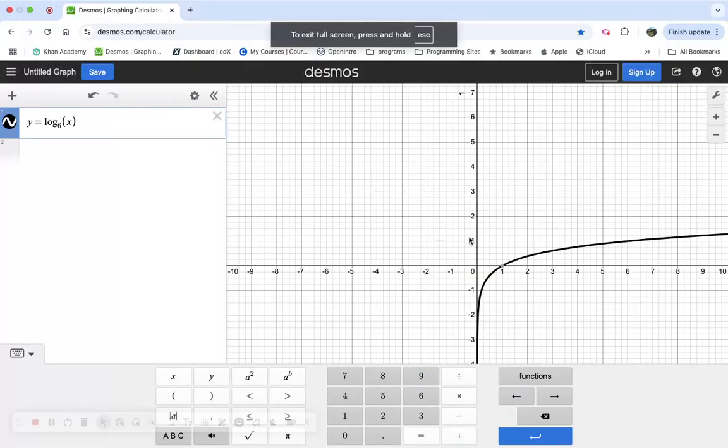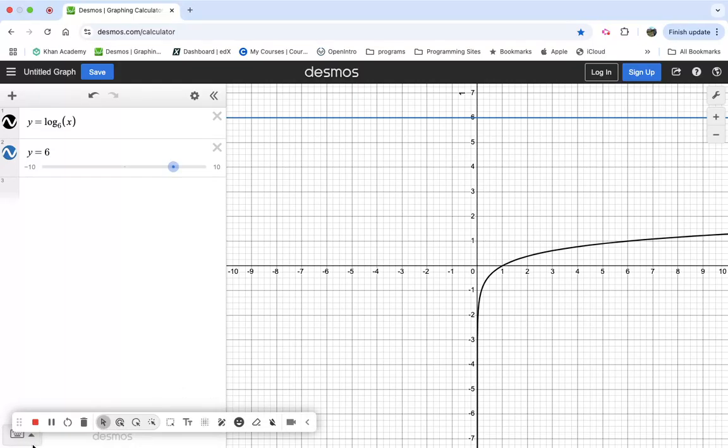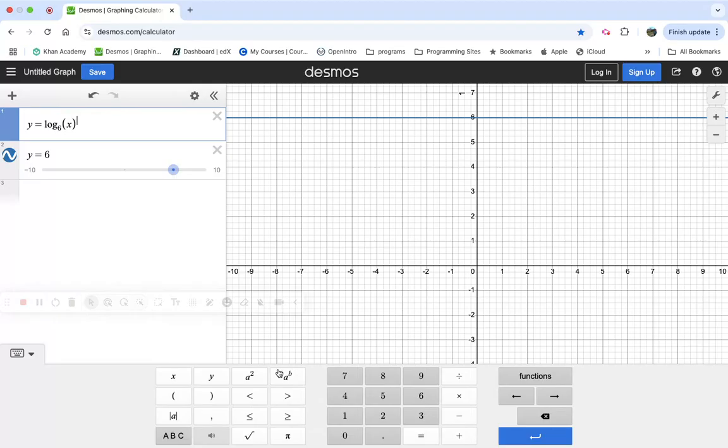So you can see pretty clearly that there is an asymptote right here, and it's y equals 0. Remember, I think this would be the inverse of y equals 6 raised to the x, right? So 6 raised to the x.